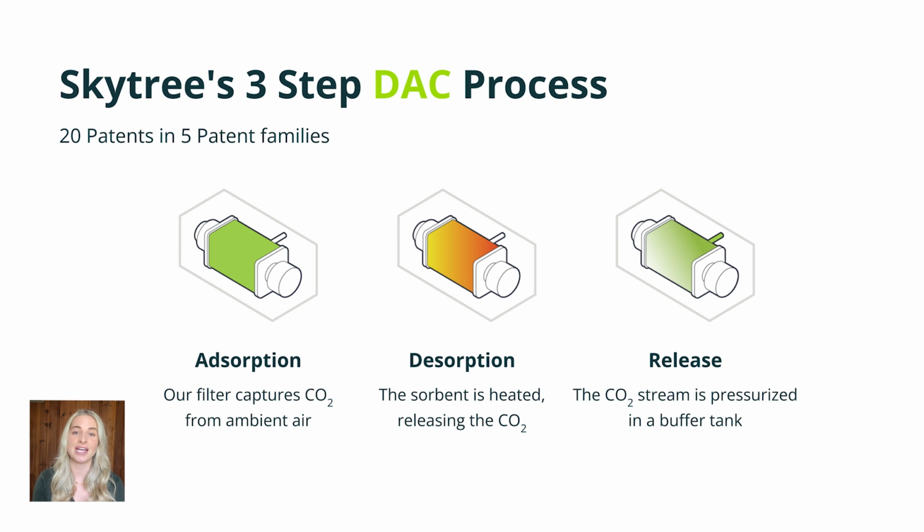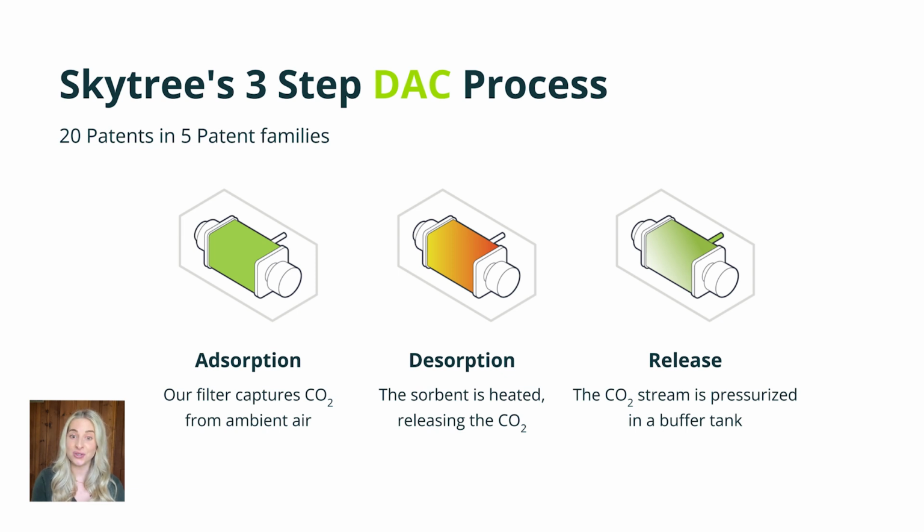And that filter has a solid sorbent on it. And what happens is as you pass air across that filter, the CO2 sticks to the filter or that solid sorbent. And once you're ready to release the CO2, you have to heat that filter up. The CO2 gets released and it gets put into a buffer tank. And that buffer tank can be used by the grower whenever your operation needs CO2.